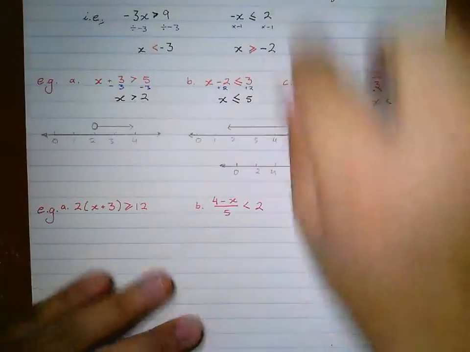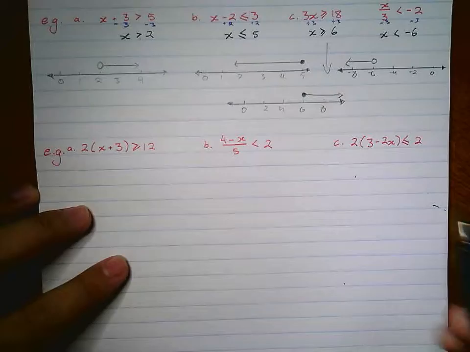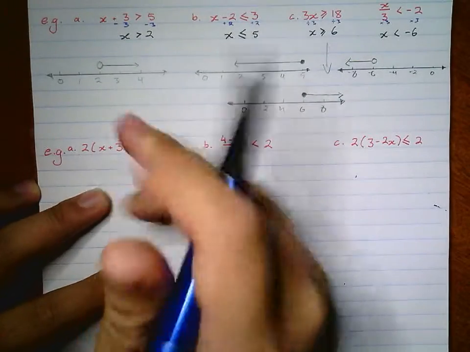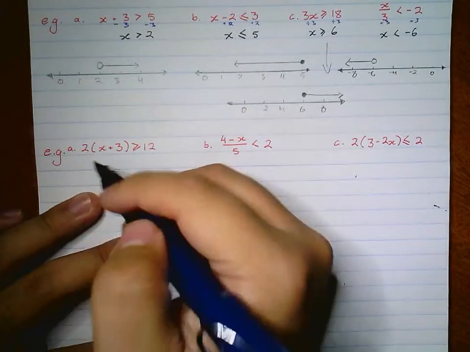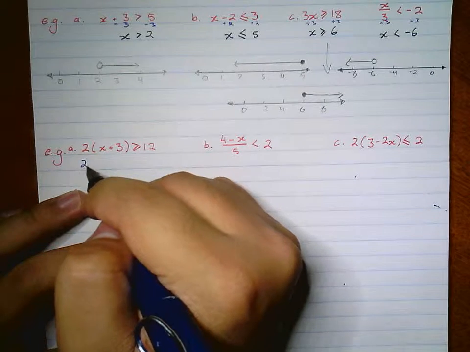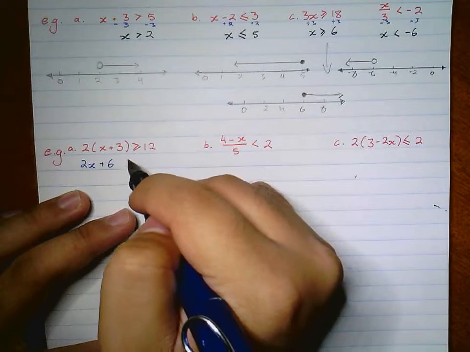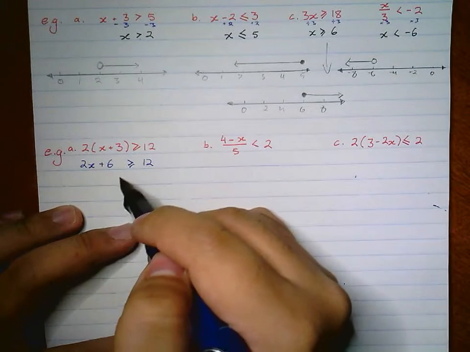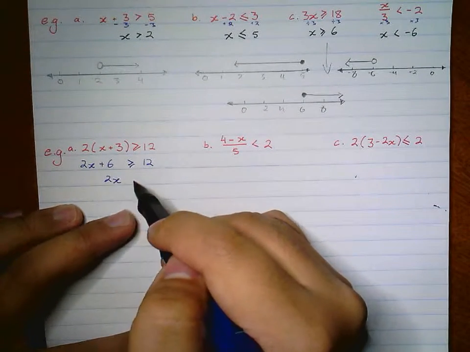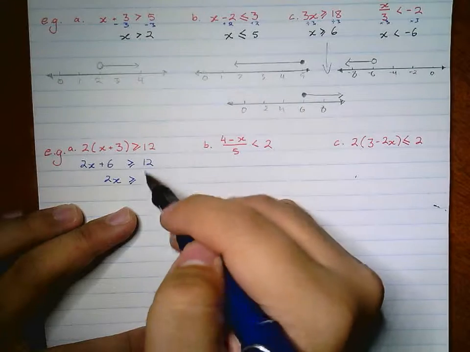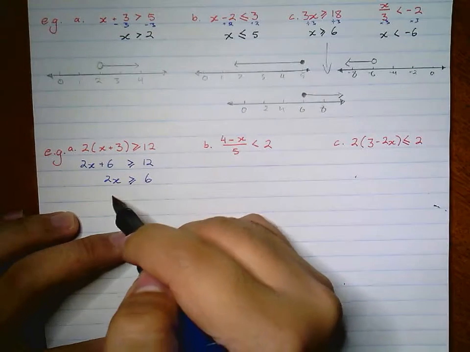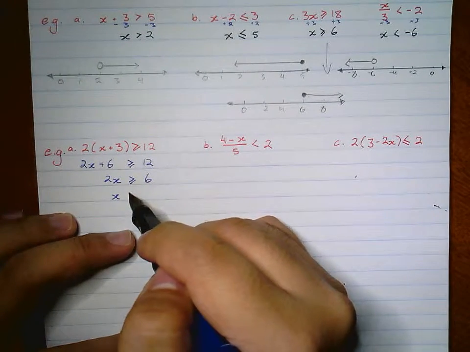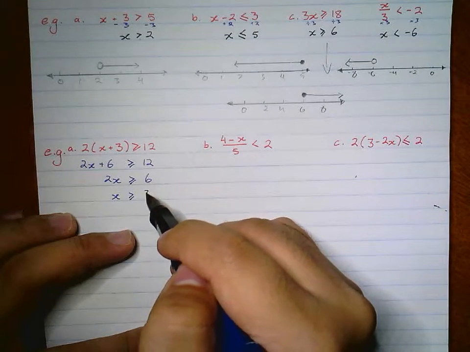But what I'd like to go into are these ones here. Now if we take a look, for this one we'd have to expand the brackets first. We get 2x plus 6 is greater than or equal to 12. Subtracting 6, we get 2x is greater than or equal to 6. X is greater than or equal to 3.